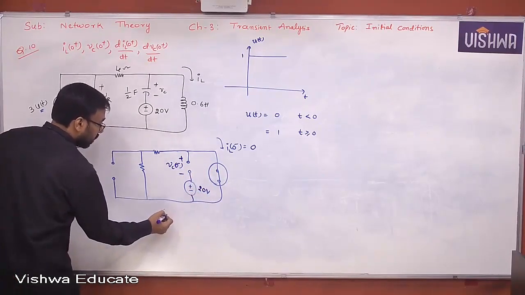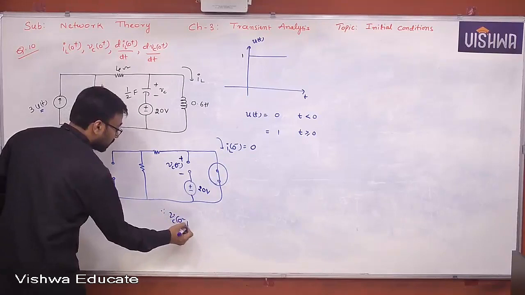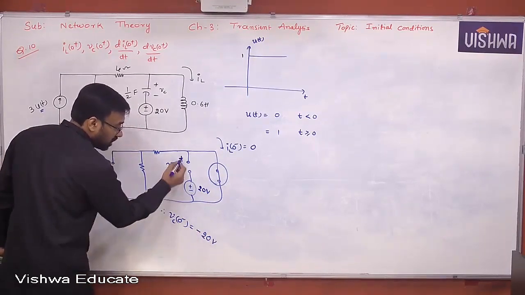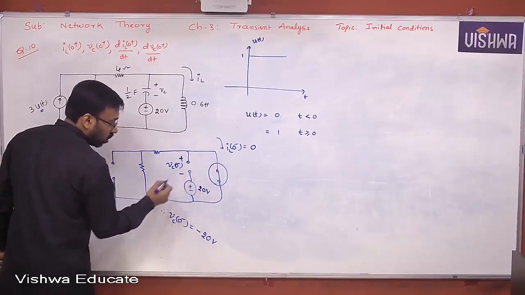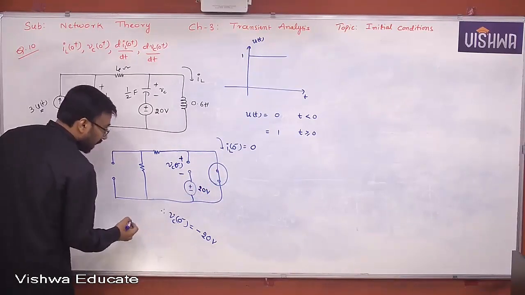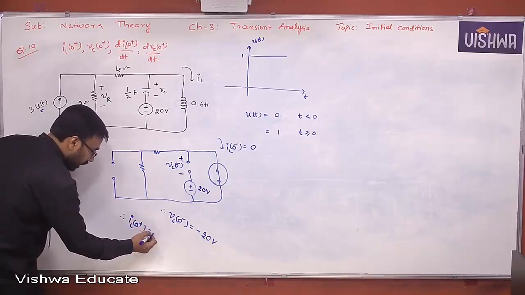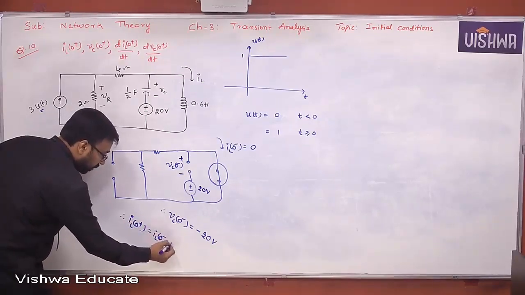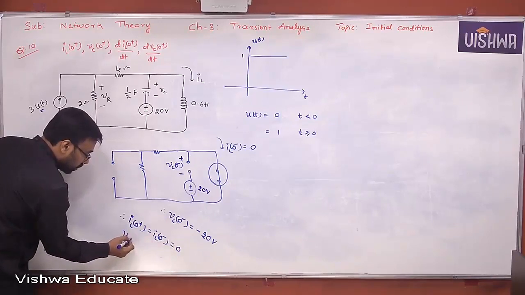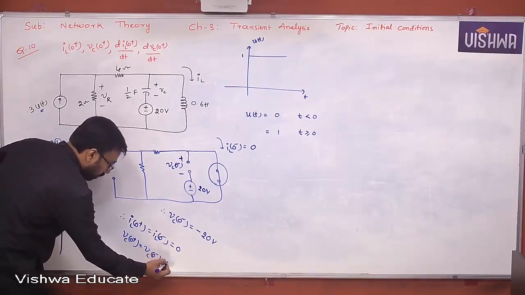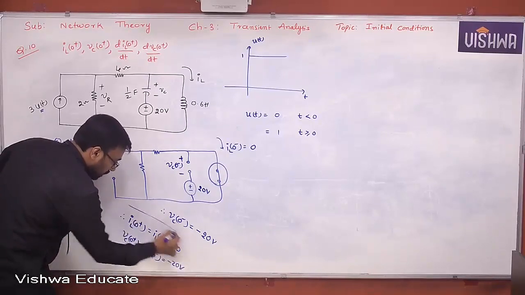I can say VC of 0 minus is minus 20 volts. I hope you understand why I'm taking minus, because this plus is connected to minus and minus is connected to plus. Now from this we can conclude that IL of 0 plus is equal to IL of 0 minus, nothing but 0. VC of 0 plus is equal to VC of 0 minus, nothing but what? Minus 20 volts. That's it.